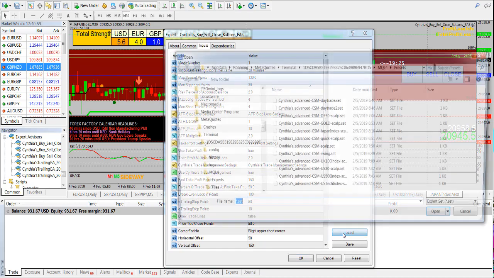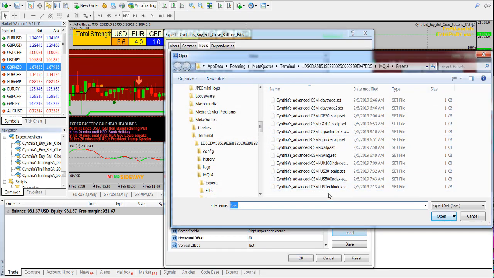But just to use it, you have all of these set files that I've created for you already. So we have 2 day trade set files, a DAX, a gold, a Japan index, a quick scalp, and a swing, and then these other index settings.